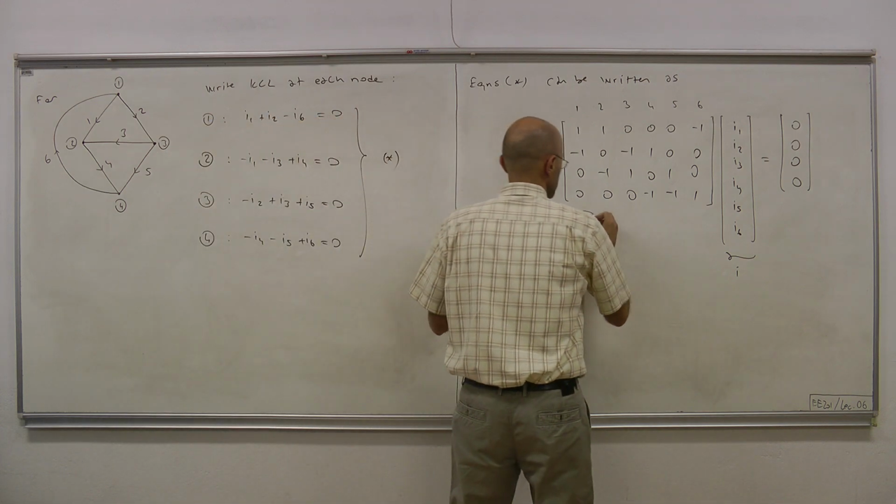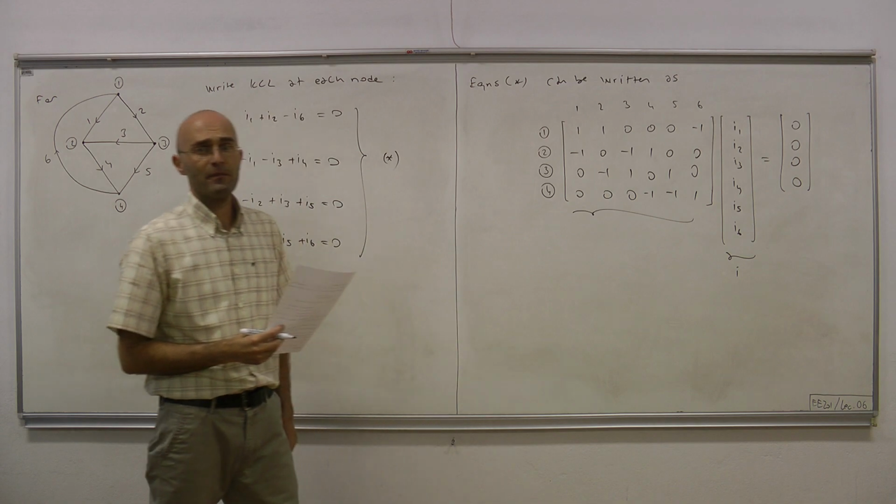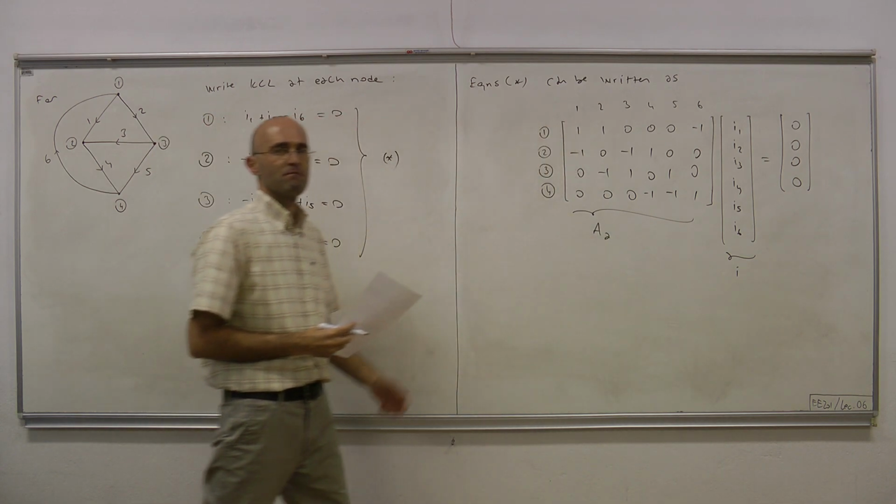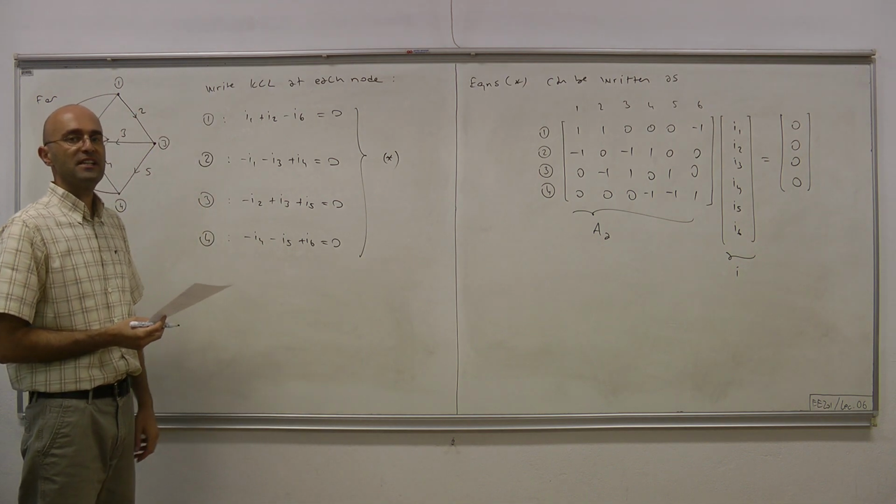Now, this matrix is important. Therefore, let's give it a name. Let's call it A sub a. It's called the incidence matrix.